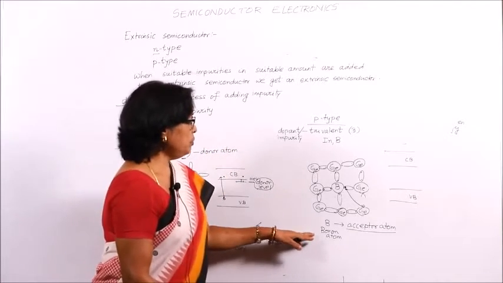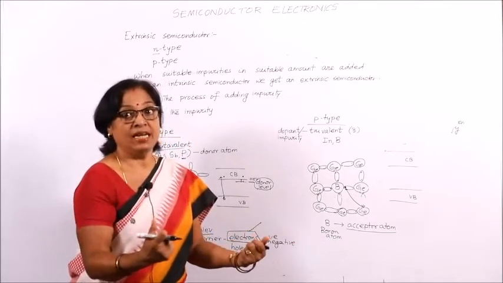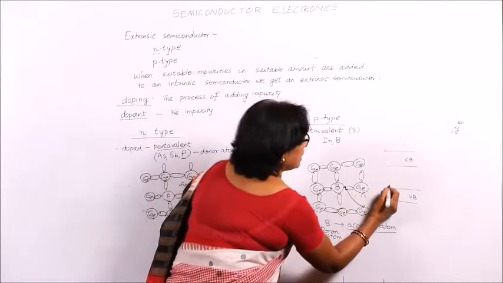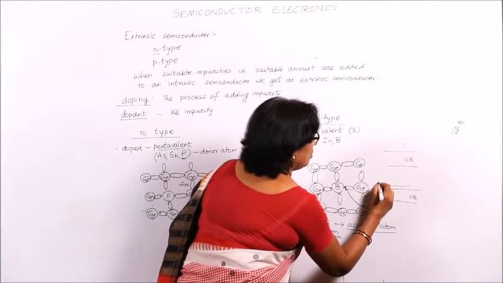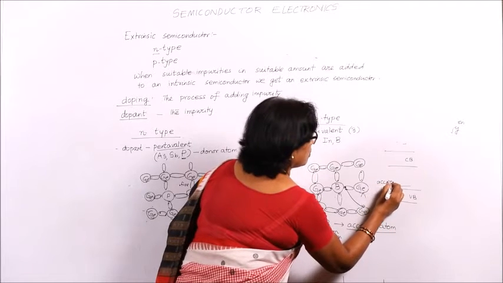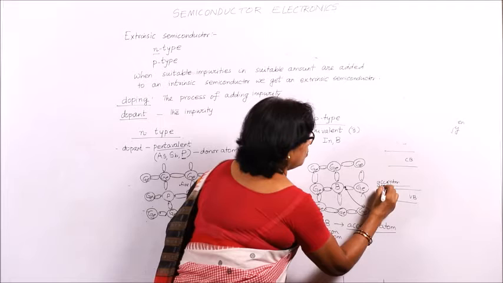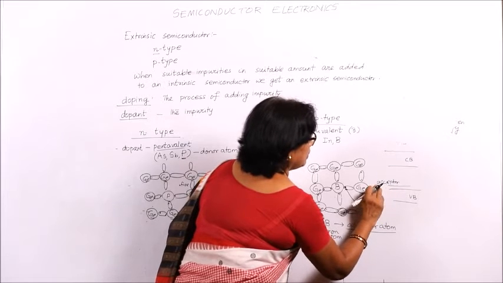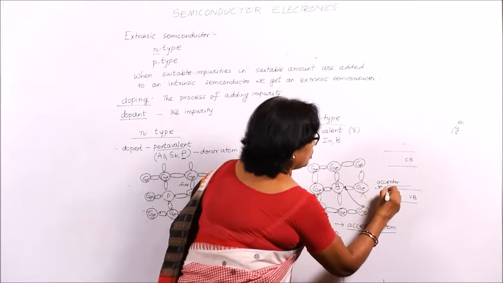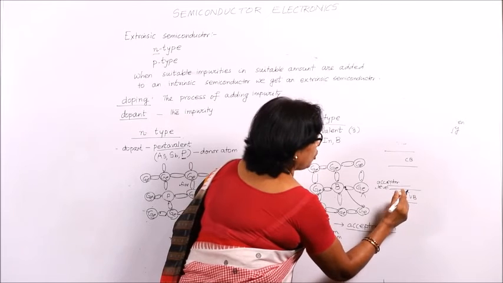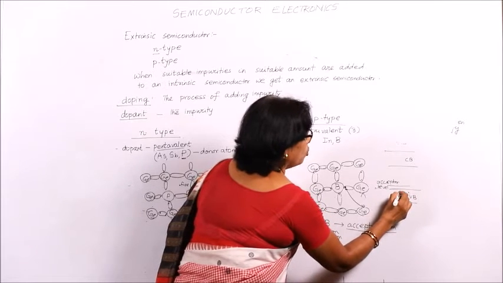But here the impurity boron atom is accepting an electron. So the acceptor atom energy level lies somewhere here. This is the acceptor atom level, the acceptor level. So an electron from the valence band will go to this.